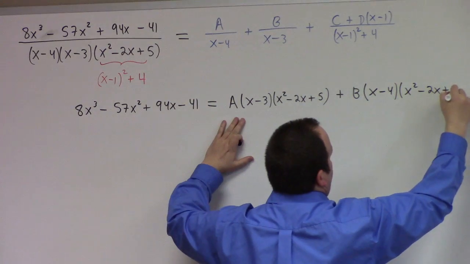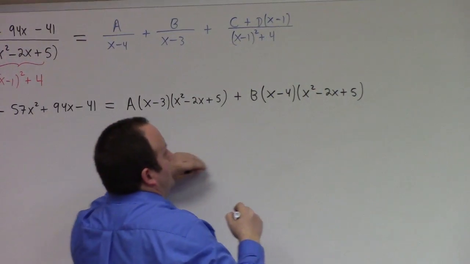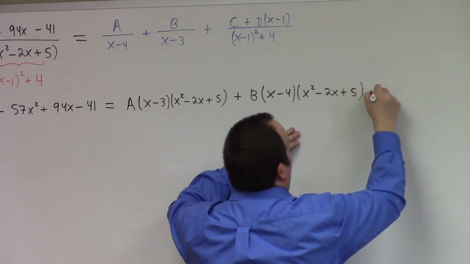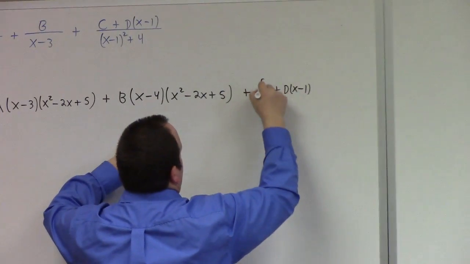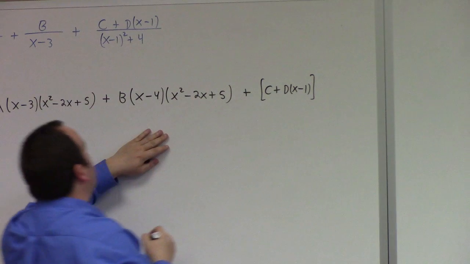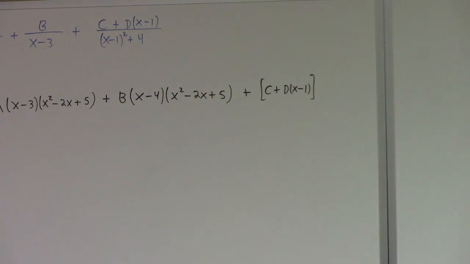And then I get plus what? Plus c plus d times x minus 1 times what? This time the quadratic term cancels, right?